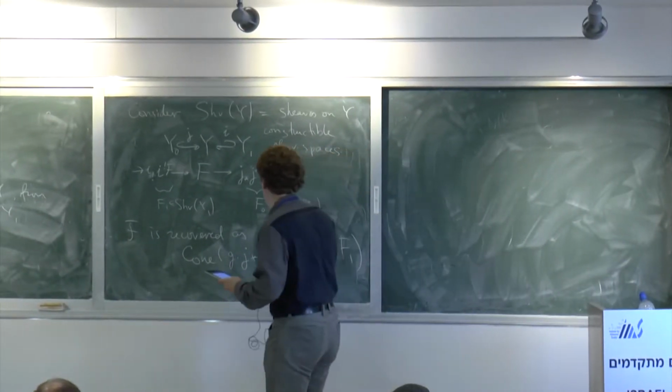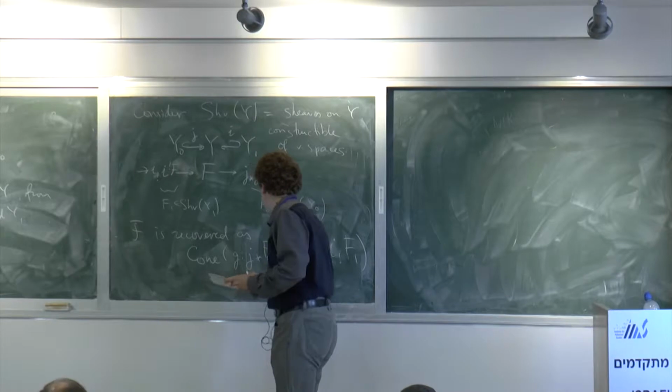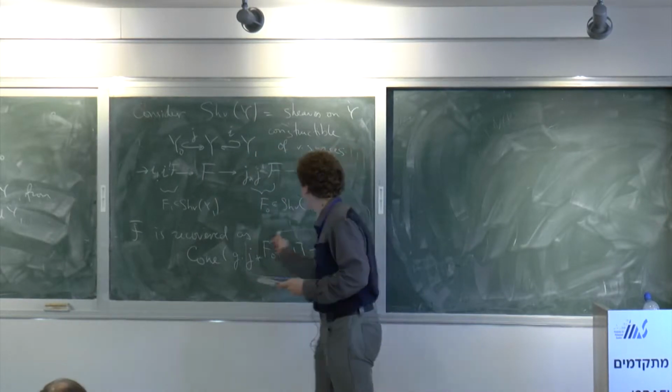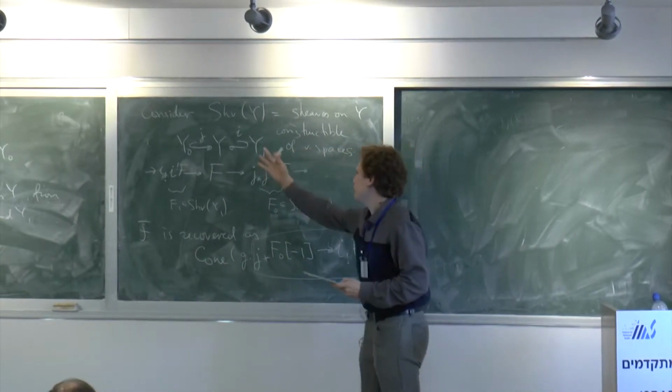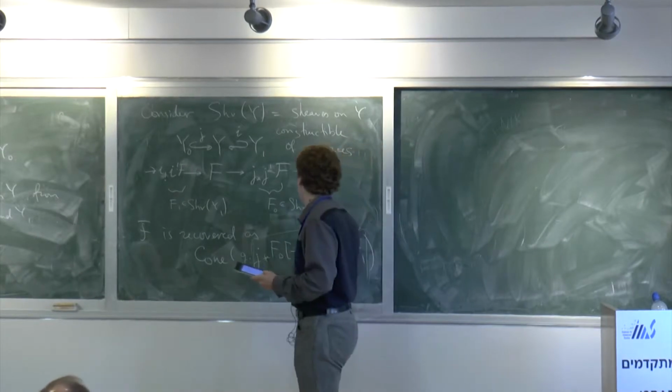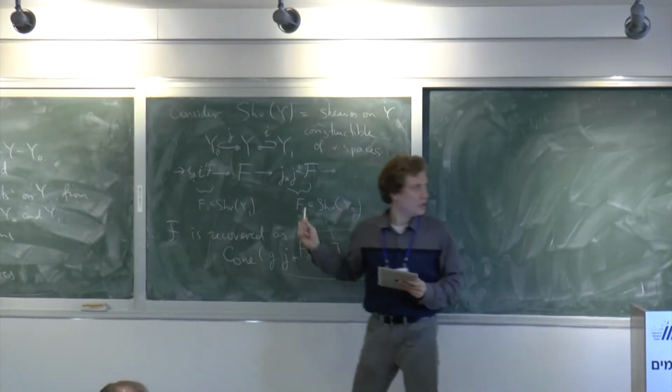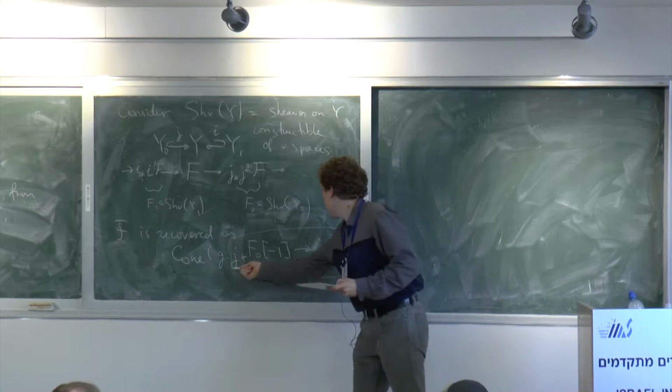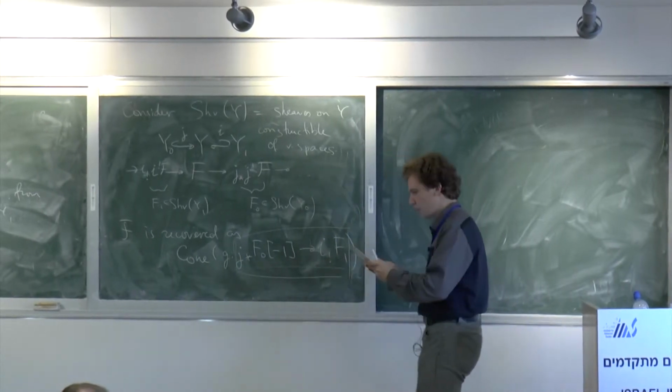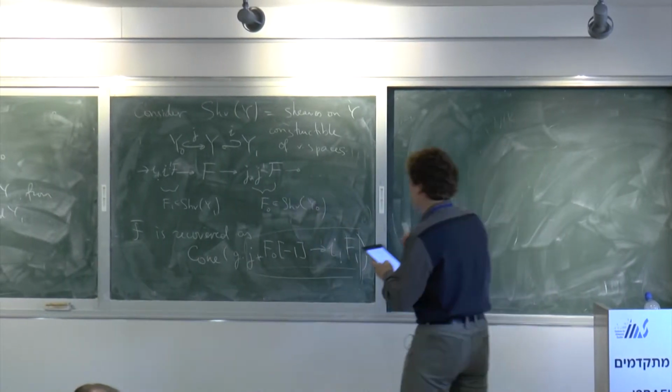And so the summary is that in order to glue a sheaf on Y, we need the following data. Two sheaves on the open and the closed, two sheaves on the strata, and a map like this. So let me restate it.